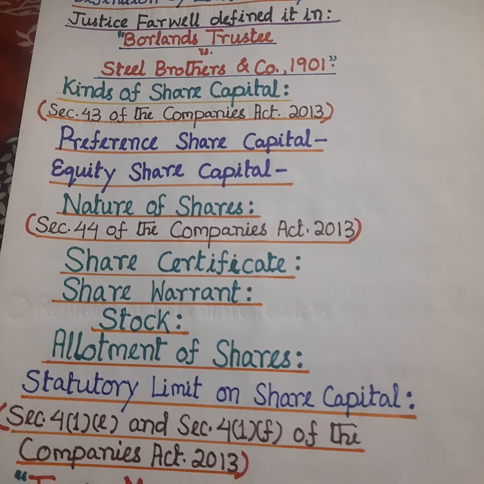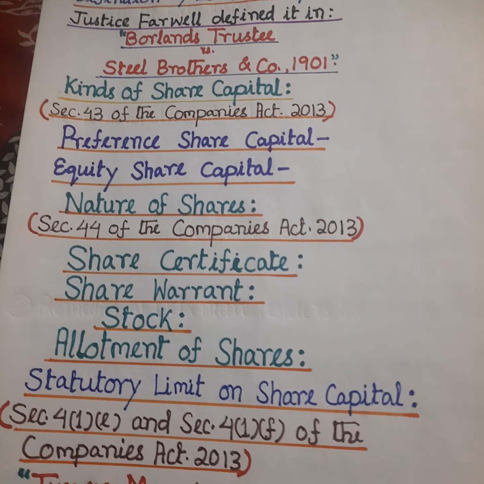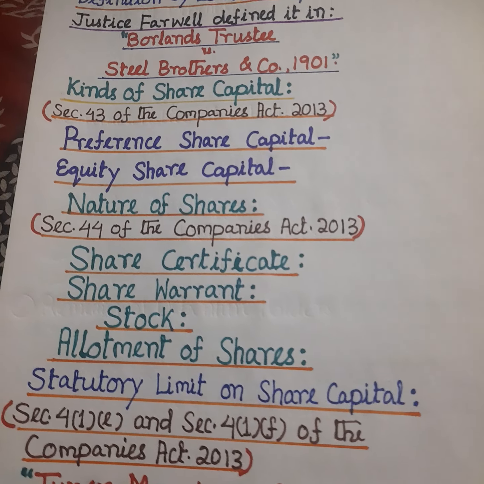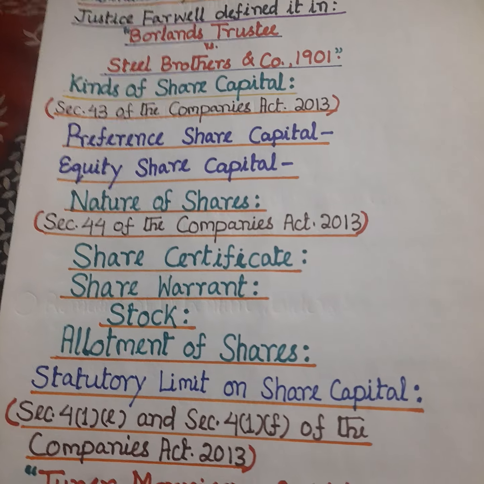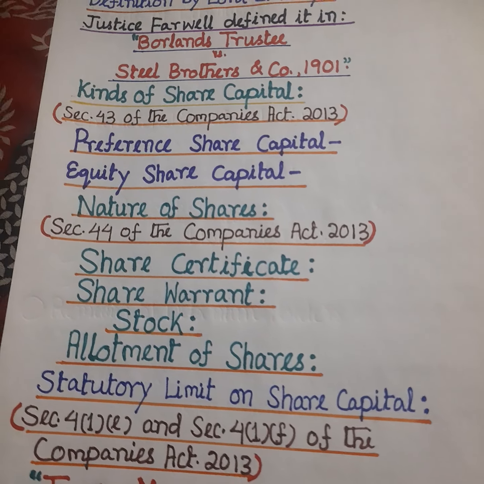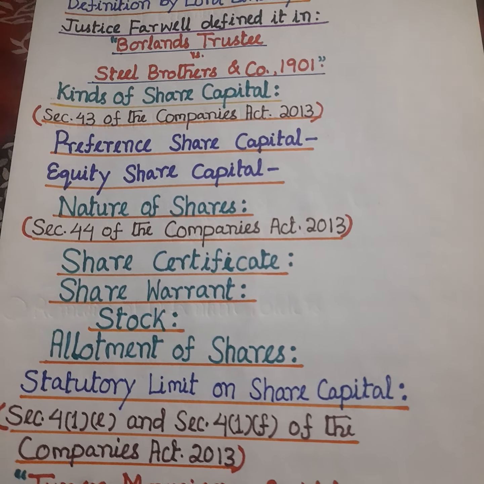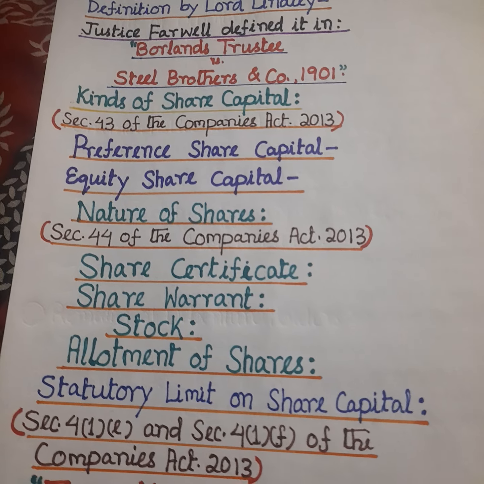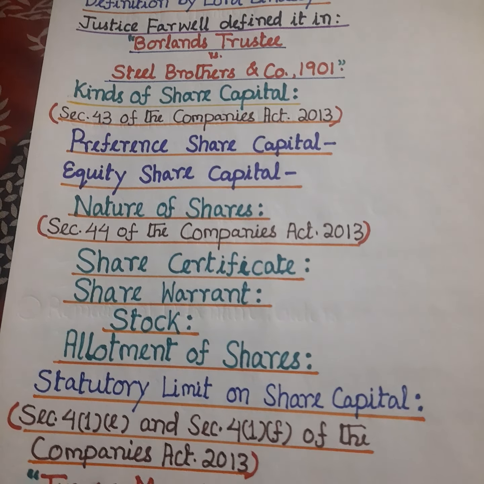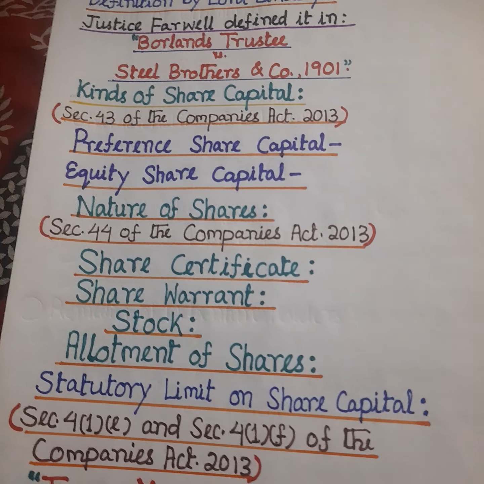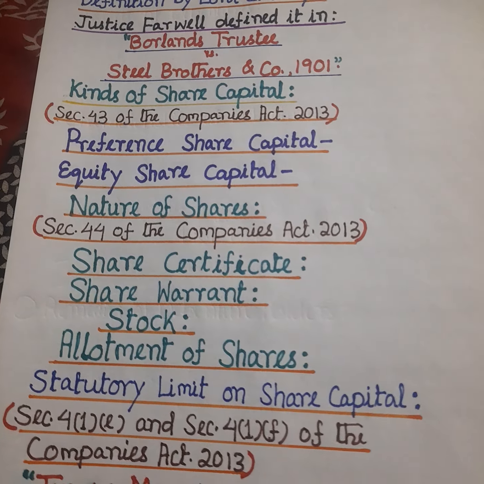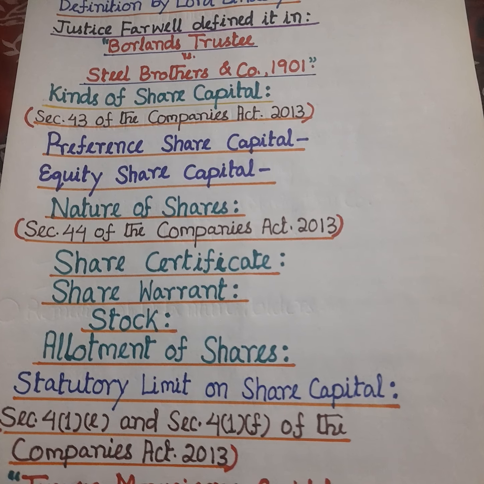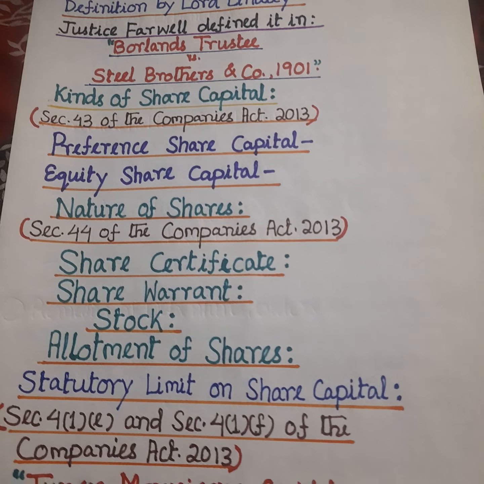cumulative or non-cumulative. In the case of cumulative preference shares, if the profits are not sufficient to pay a fixed dividend in any particular year or years, the right to such dividends accumulates, and no other shareholders are entitled to a dividend until the arrears have been paid.